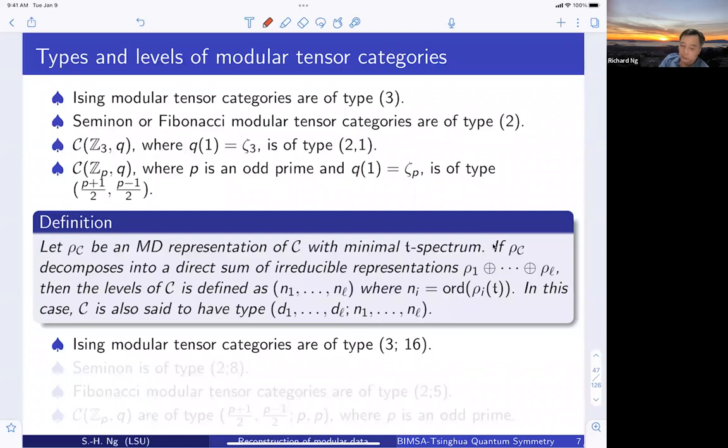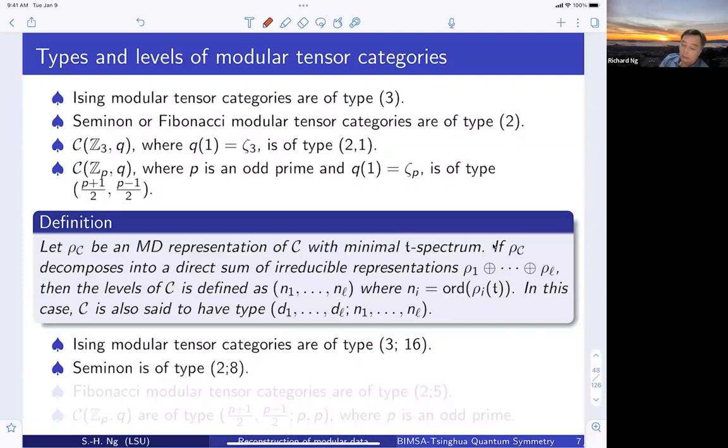So now we can re-examine the examples we talked about before, the Ising modular tensor categories. Before, we already knew it is type 3, and now we add the level, which is level 16. In fact, all of the Ising modular tensor categories are type 3, level 16.